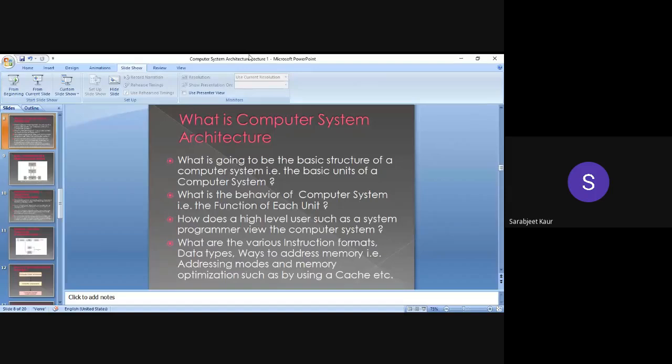From the architecture we see, from a very broad perspective, what all components are required in a computer system and what will be the function and behavior of each of these.